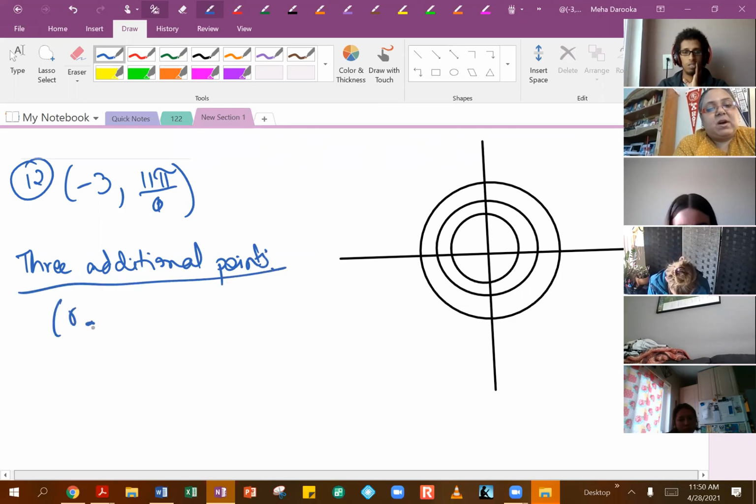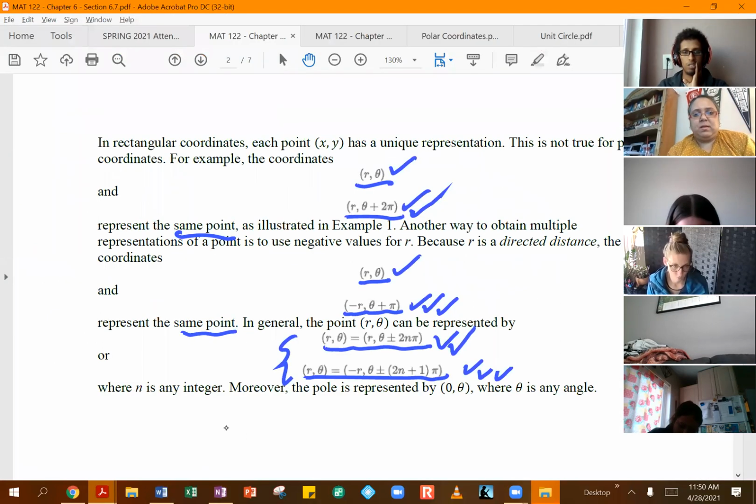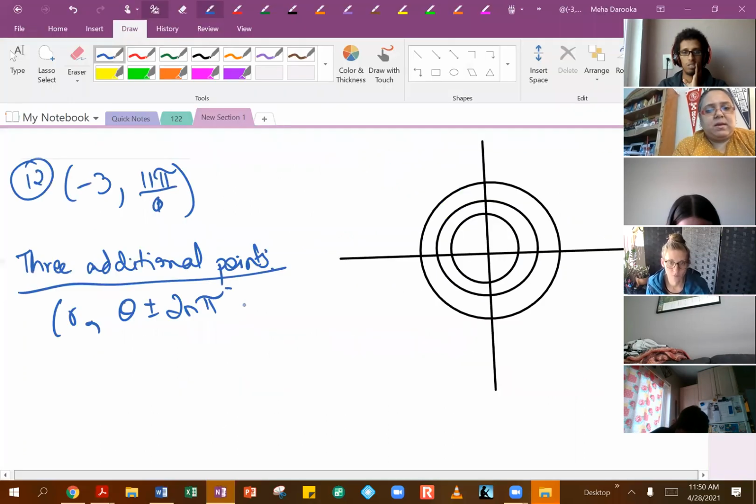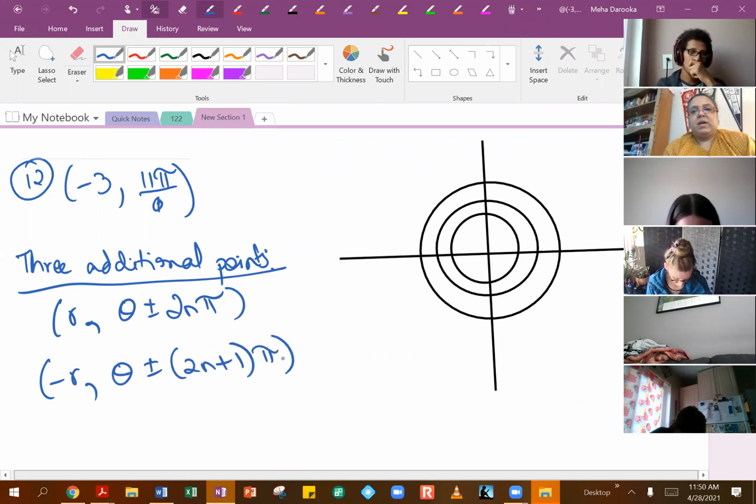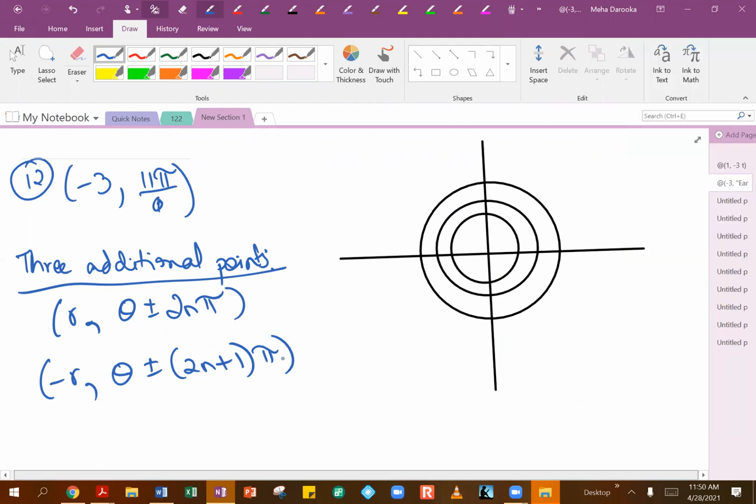So again, remember that's R, theta plus or minus 2n pi. And then for the other one, you have -R, theta plus or minus 2n plus 1 pi. So I would actually go ahead and start with the +3 first, so see what happens.